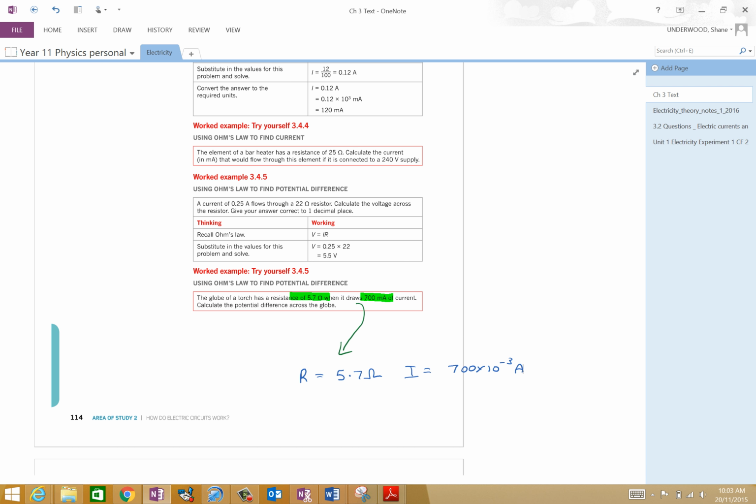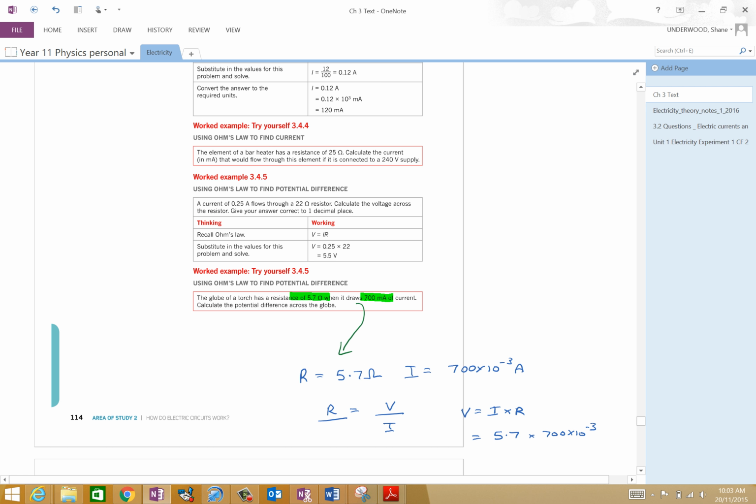Calculate the potential difference. So we know that R, Ohm's law, is equal to V on I. We can rearrange that equation to be V is equal to I times R, which is 5.7 in ohms times 700 by 10 to the minus 3. Work that out in your calculator and away you go.